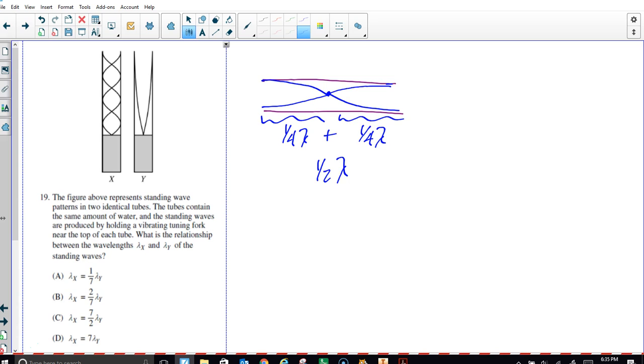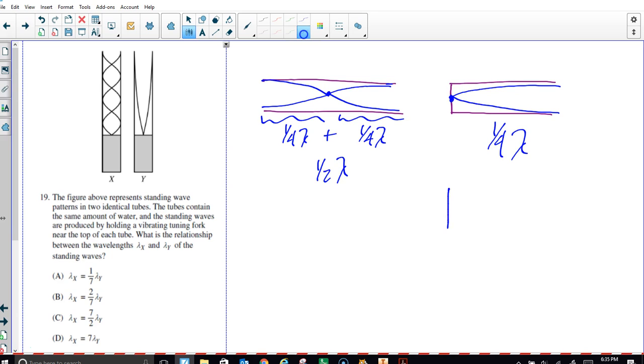However, if a pipe is closed at one end and open at the other, the closed end of a standing wave will always be a node. And so, in this case, the most basic wave we can have is this one. That's the fundamental, and it's only a quarter of a wavelength.